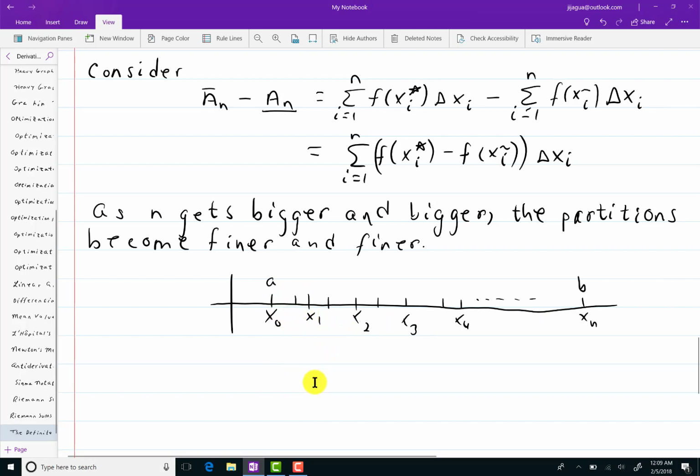And then what I'll do, after you have new slices in here to make a new partition, is renumber them. So now my new x1 is closer to x0, my new x2 is closer to x1, x3, you get the idea, x sub i minus 1, x sub i.